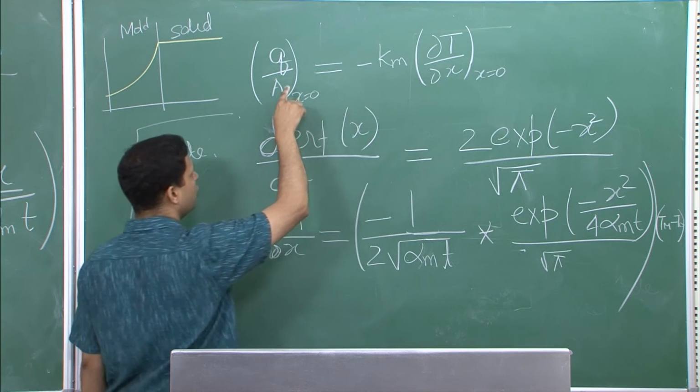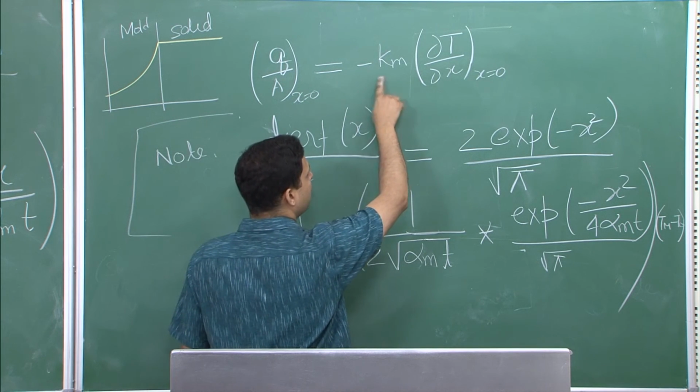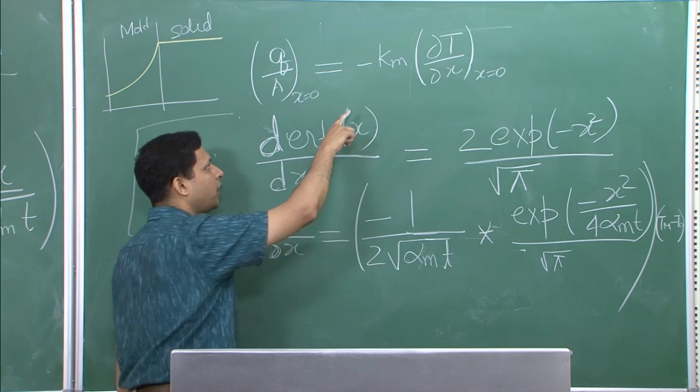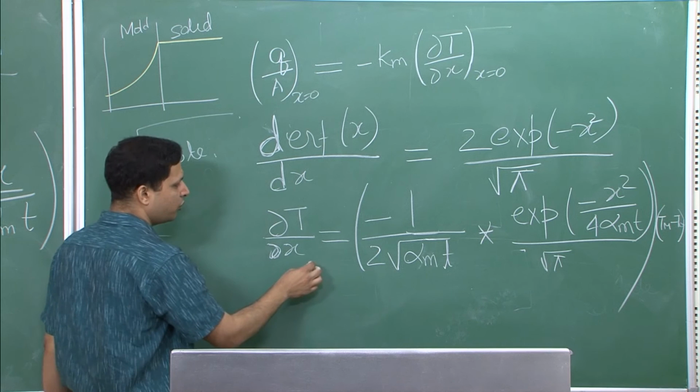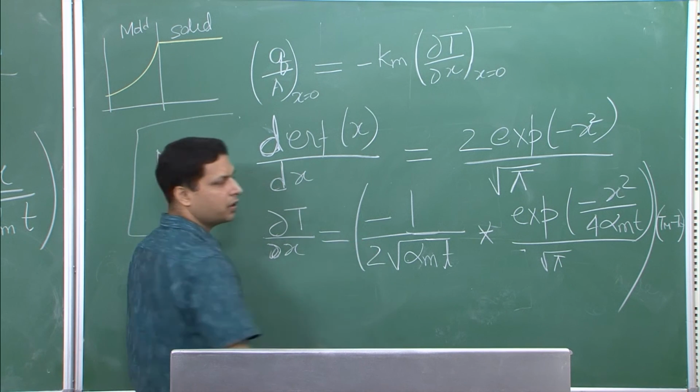If we want to get Q over A at x equal to 0, it is equal to conductivity times gradient at x equal to 0. So, next we have to put x equal to 0 over here.